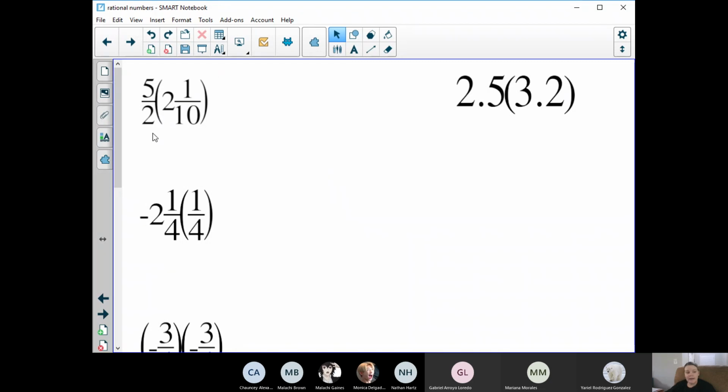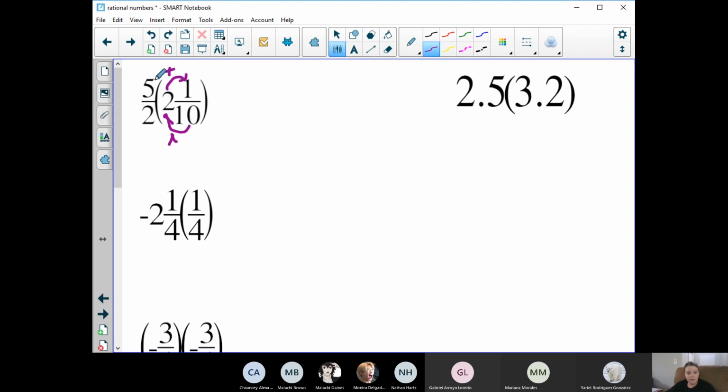So the first one we have here is 5 halves times 2 and 1/10. Now, when we are multiplying fractions, if we have a mixed number, we have to turn it into an improper fraction first in order to multiply. So to do that, I'm going to take my denominator times my whole number, so 10 times 2 would give me 20, and then you add that number to the numerator.